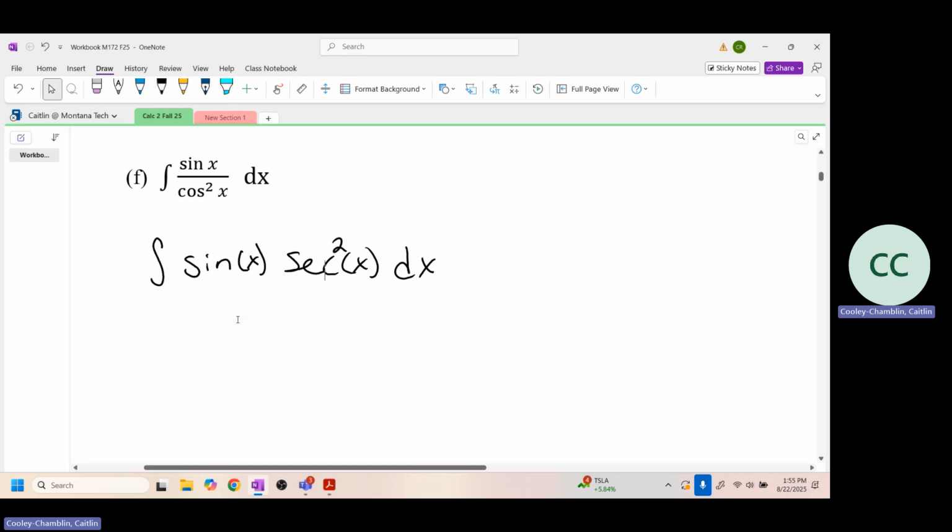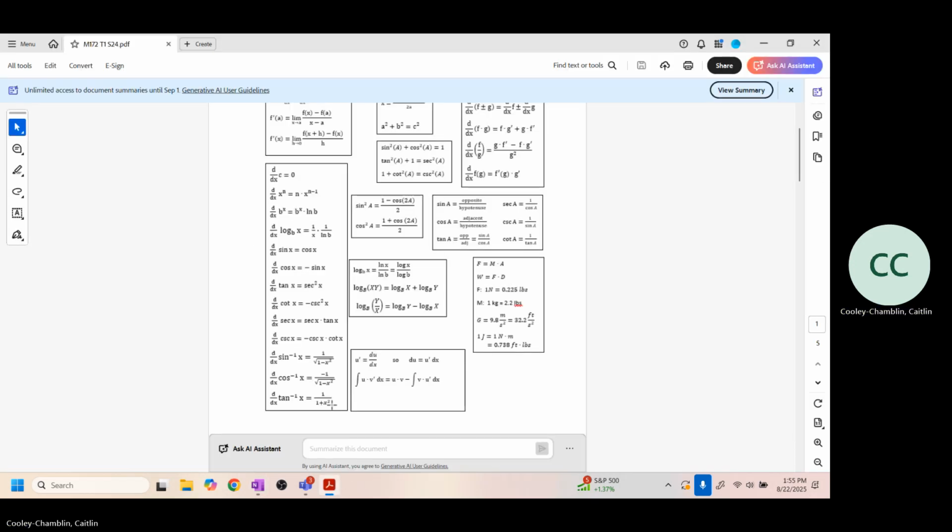Now, some of you do know the antiderivative of this, just because your calc teachers had you memorizing this, and some of you don't. So what we would ask ourselves is, what derivative gives me this function? Go here. I had a sine and secant squared.